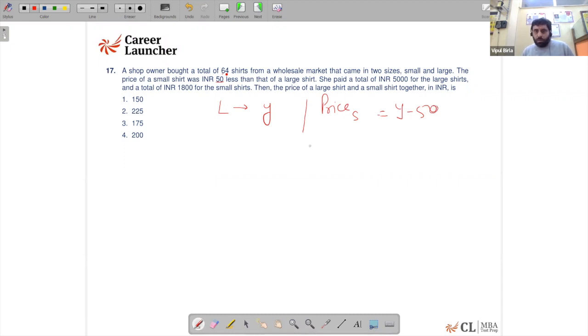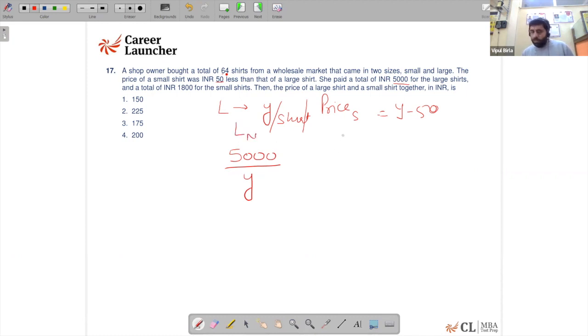Now, total expenditure on the large shirt is nothing but 5,000. If the price per shirt is Y rupees, so therefore I can say the total number of shirts bought of large size will be 5,000 upon Y, that is the price of one shirt. So these are the total number of large shirts which are purchased.